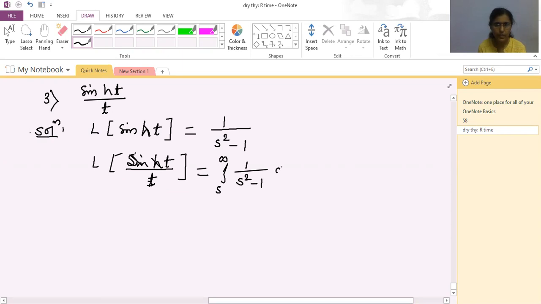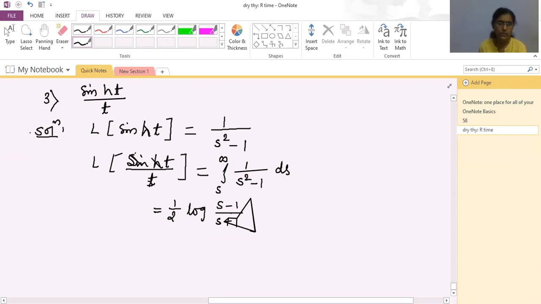Now what is the integral of 1 upon s square minus 1? It is 1 by 2 times log of (s minus 1) upon (s plus 1). Standard result of integration.